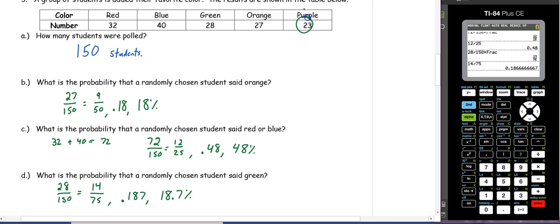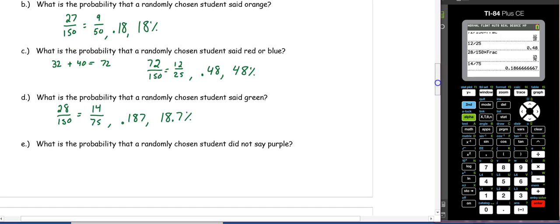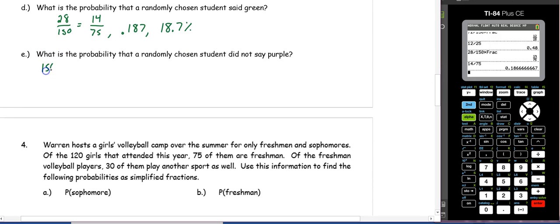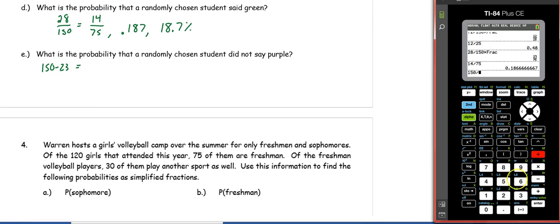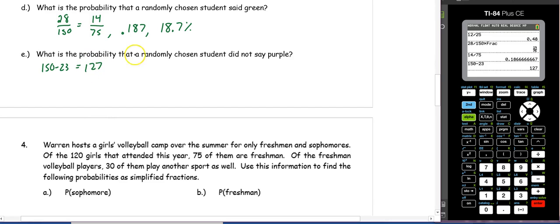Well, purple had 23 votes, so we're going to subtract that from 150. So 150 minus 23 gets us 127. So to find the probability, there's 127 out of 150.